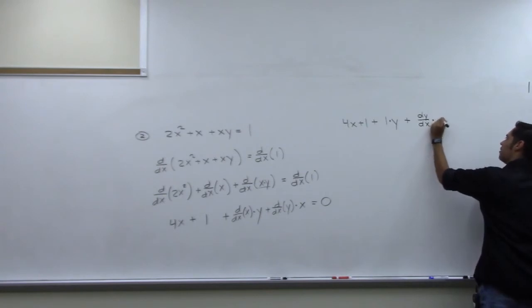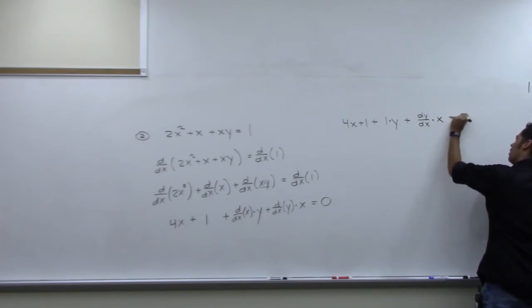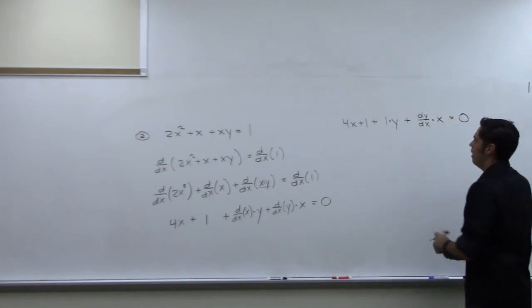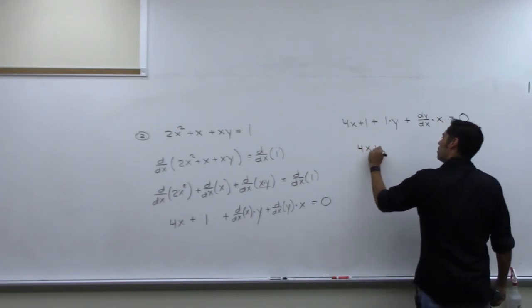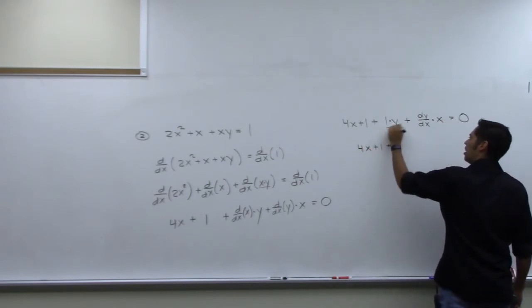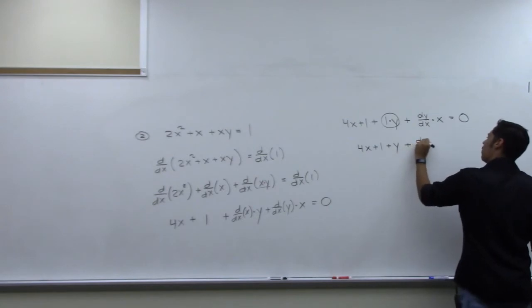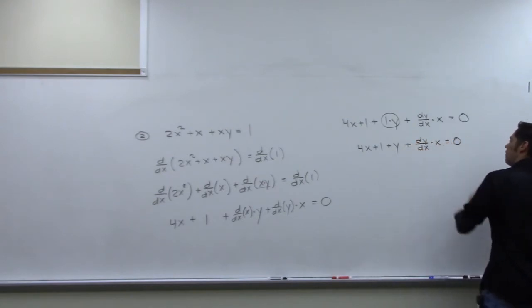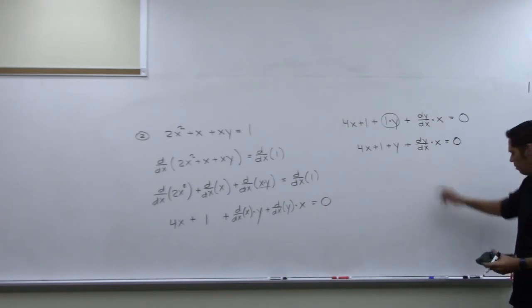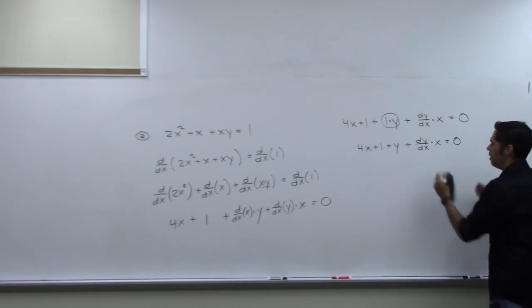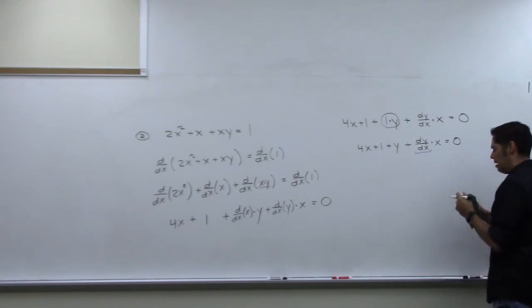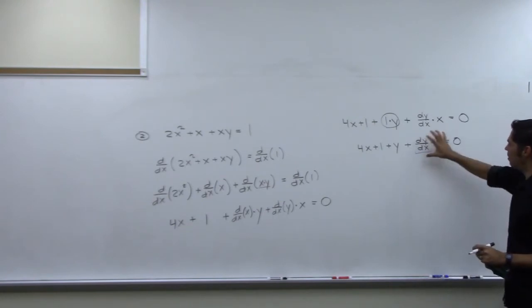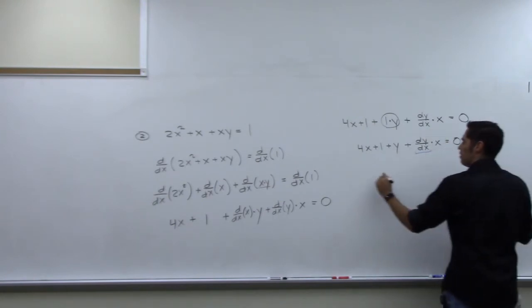But then times x, and then equals 0. All right, now I can rewrite this as 4x plus 1 plus y, plus dy dx times x equals 0. All right, now I need to solve for y prime, or dy dx. Now if I solve for that, first thing I'm going to do is isolate this term. So I'm going to move all the other stuff to the other side.